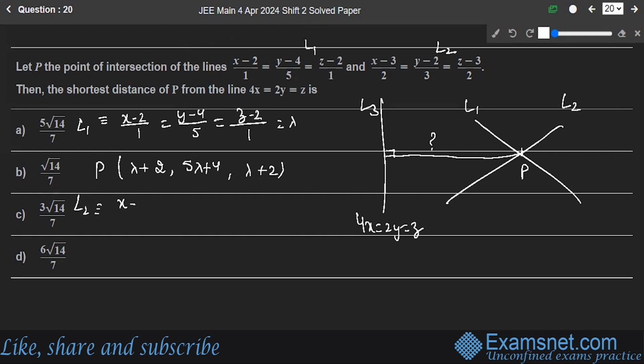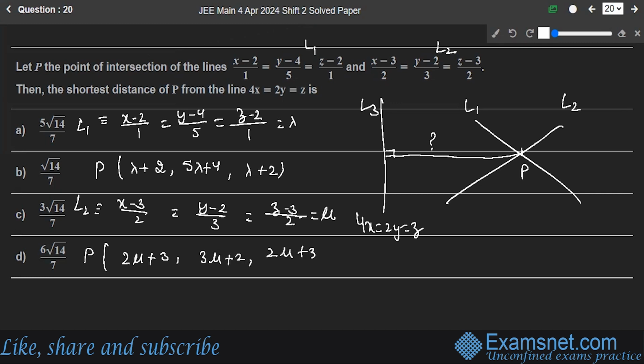This is (x minus 3) upon 2, (y minus 2) upon 3, (z minus 3) upon 2, let's say that's equal to some mu. Any point P that exists on both L1 and L2 will be given by 2 mu plus 3, 3 mu plus 2, and 2 mu plus 3. So comparing both of them, they are the same points.